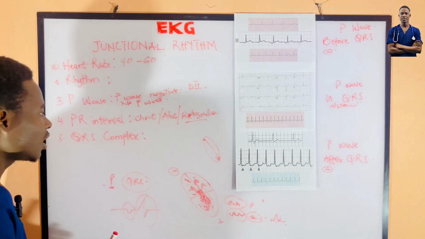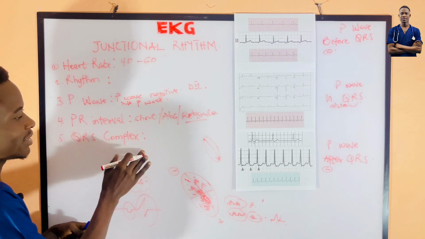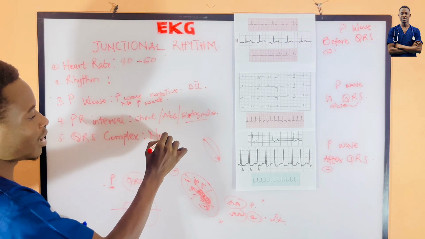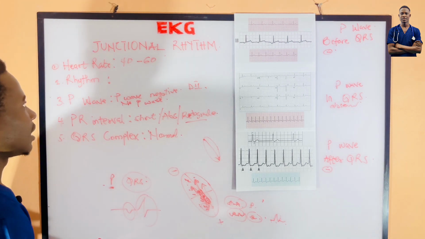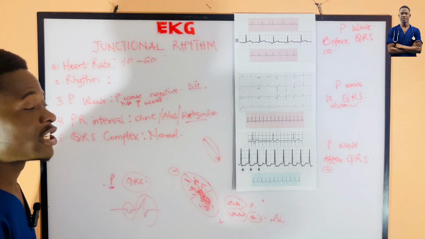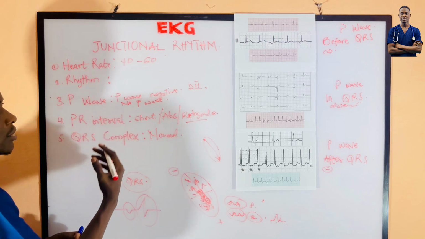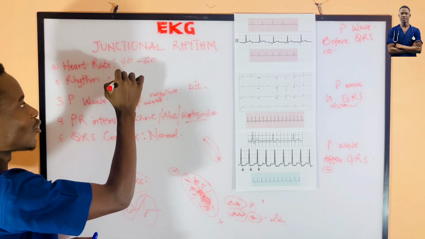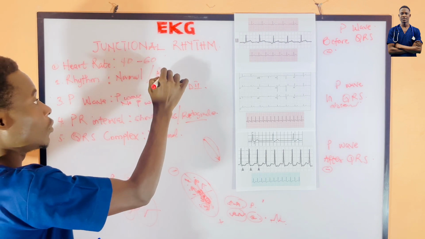Now, let's come to the QRS complex. The QRS complex will be normal, not affected. And then lastly, the rhythm of the junctional rhythm will also be normal, or I must say regular.